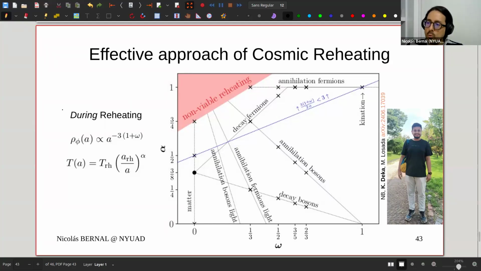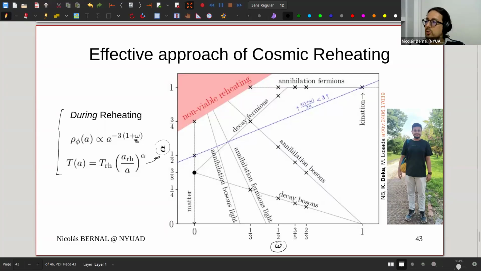We parameterize the reheating using the equation of state omega of the inflaton during reheating, and a parameter alpha that encodes how the standard model temperature evolves during reheating. Here I'm showing you a plot of alpha, so how the temperature scales as a function of the equation of state of the universe during reheating.